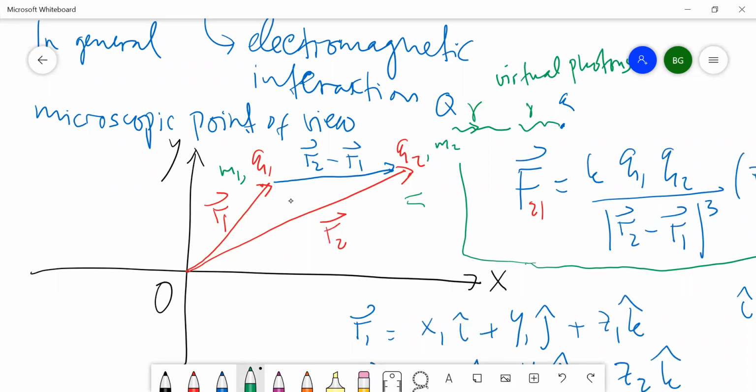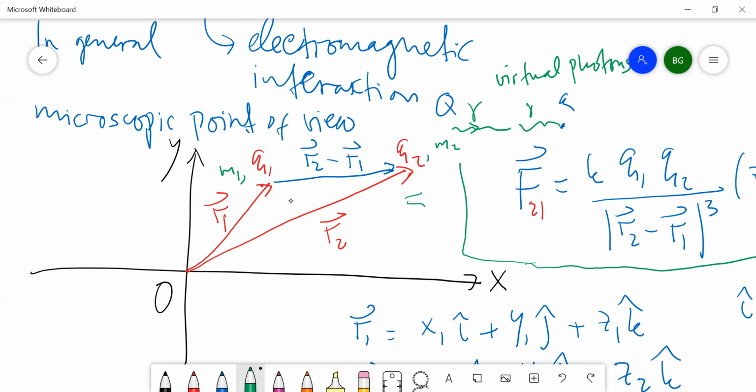We call this R1, the position of Q1, and R2 is the position of Q2. This quantity here is R2 minus R1, the difference between the positions of Q2 and Q1. It's also a vector.